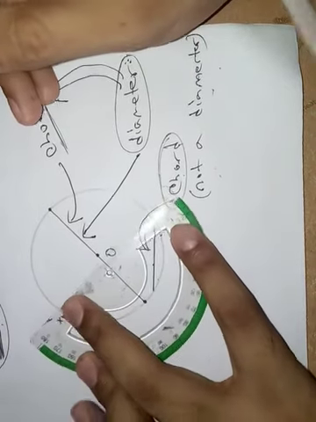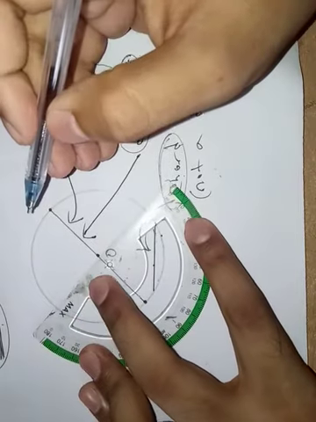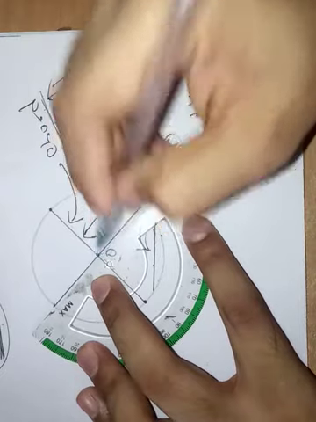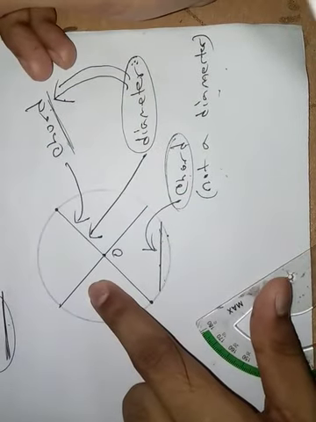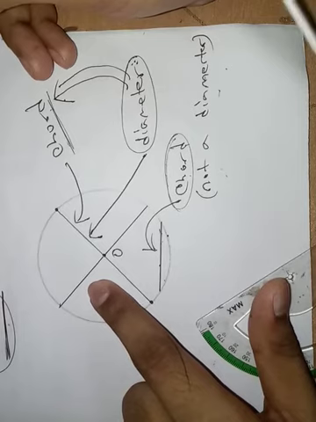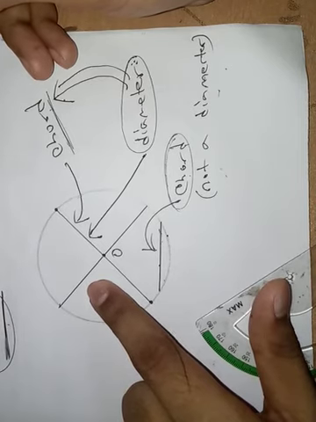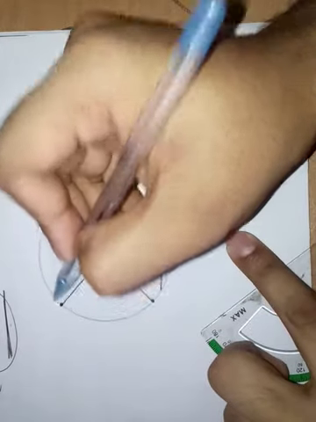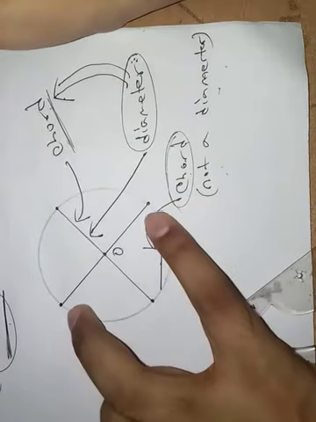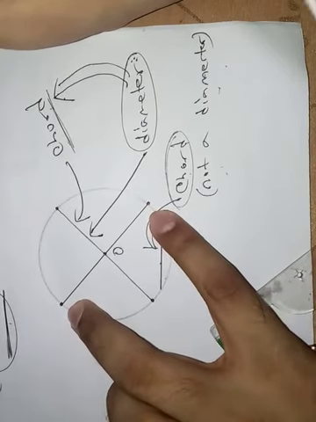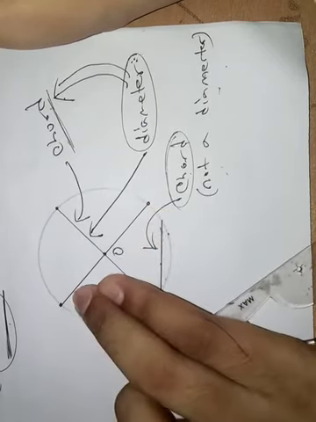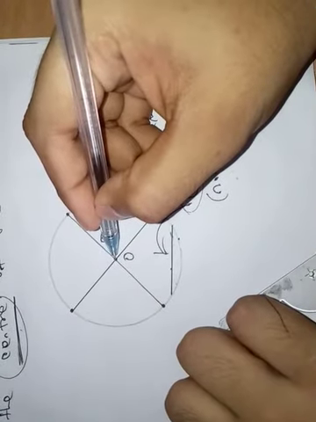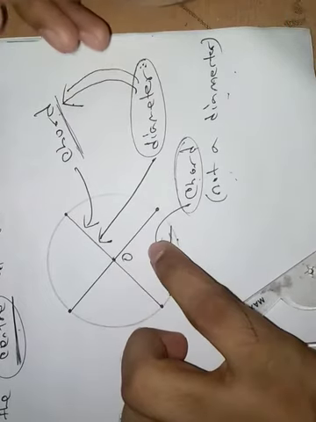Now if I draw another diameter on this circle, this one is also a chord and also a diameter, because there is a moving point and another moving point, and if I join these two moving points, we can call that a chord. But this chord is going through the center. That's why we can call that chord a diameter.